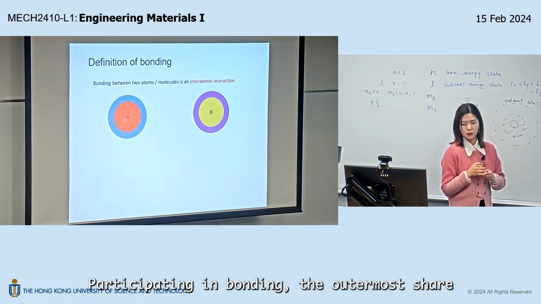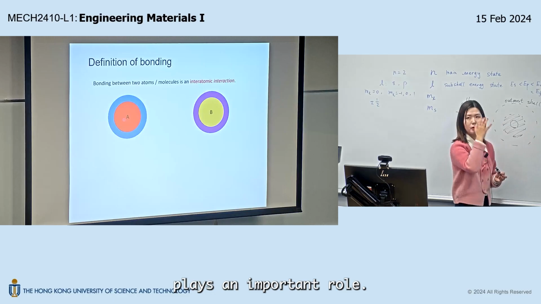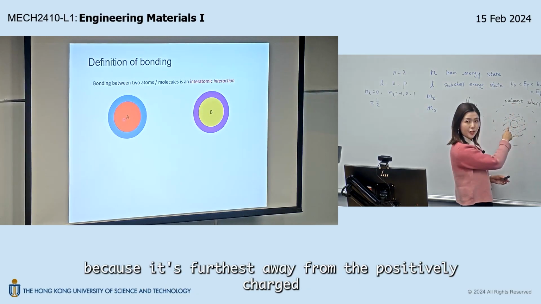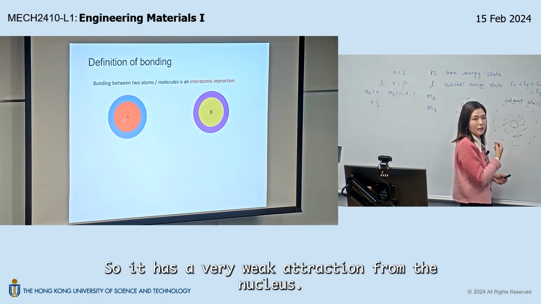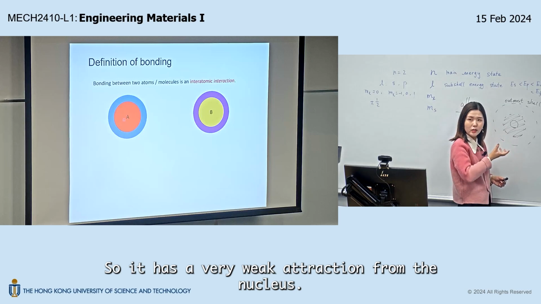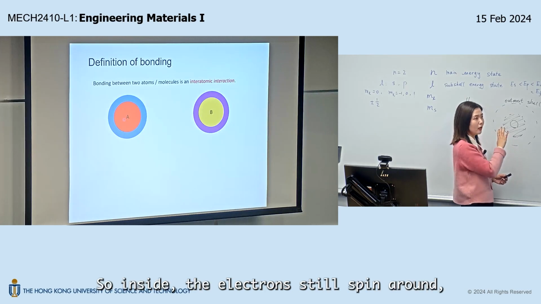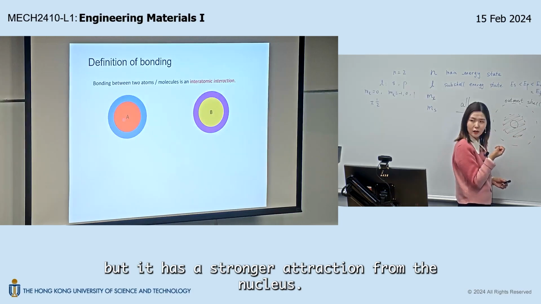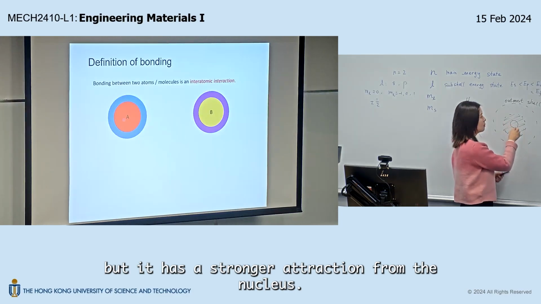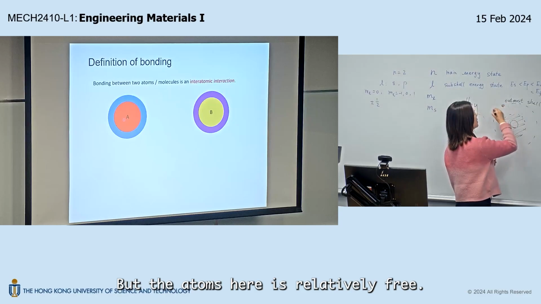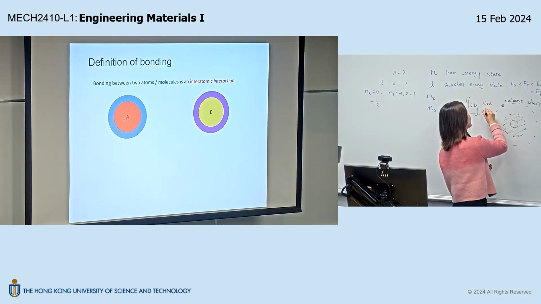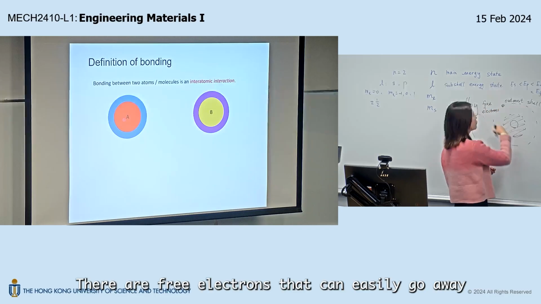In bonding, the outermost shell plays an important role. We only look at the outermost shell because it is furthest from the positively charged nucleus, so it has a very weak attraction from the nucleus. Inner electrons still spin around but feel a stronger attraction from the nucleus, whereas the outer electrons are relatively free. People call them free electrons.